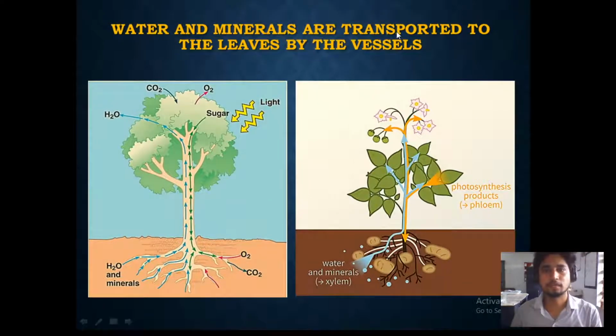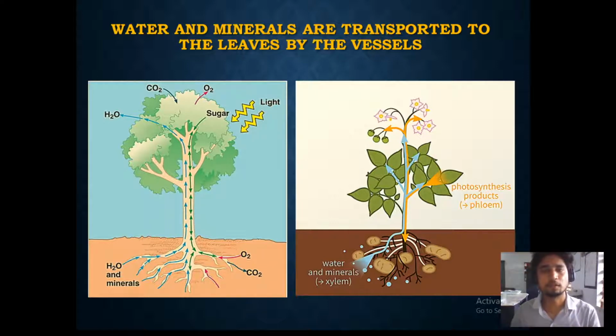Water and minerals are transported to the leaves by the vessels. They have something like pipes. We have a pipe system: there is a tank, and to reach the water in our home, we need a pipe. Similarly, the roots can absorb the water, but how is this water transported up to all parts of the plant?